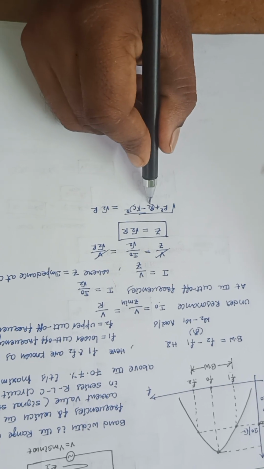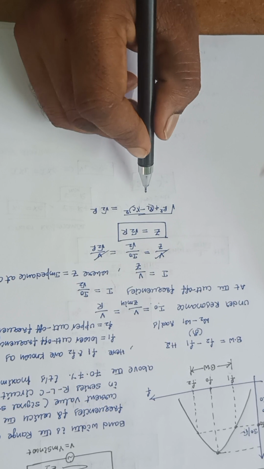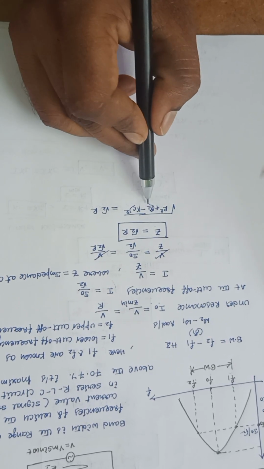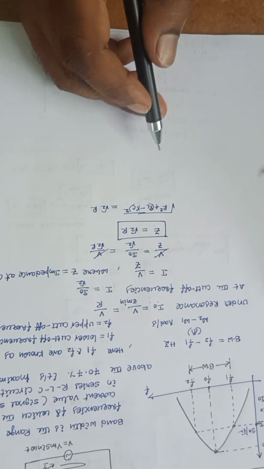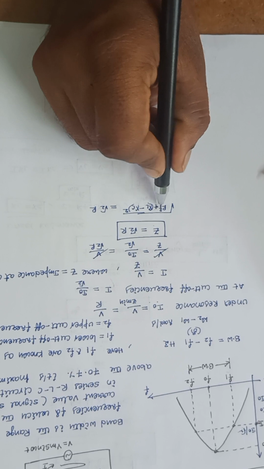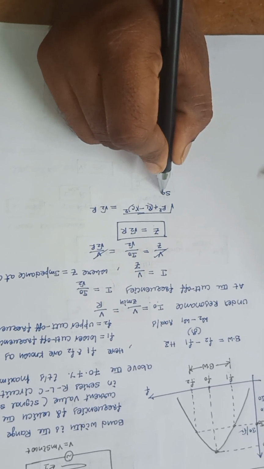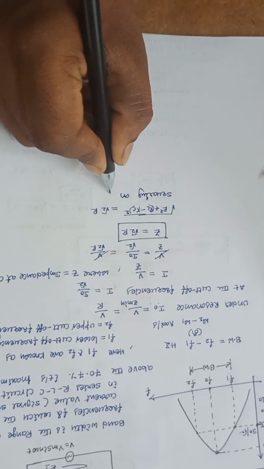You need to remember that this XL and XC are the reactances at the cutoff frequencies. Now let us square on both sides.